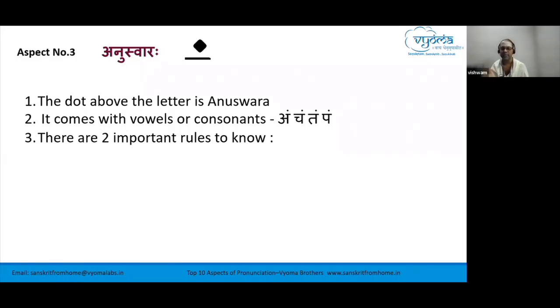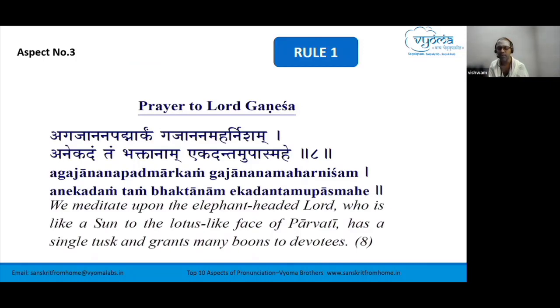Anuvartate swaram va swaranam anuvartati, therefore it is anuswara. We will keep the technical definitions aside for now. We will know for now that a dot which gives the pronunciation is called anuswara. Out of this, we saw two important rules.